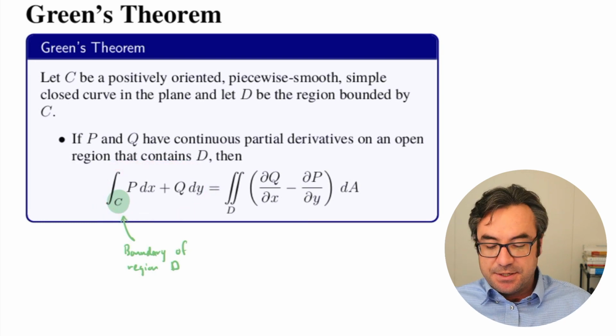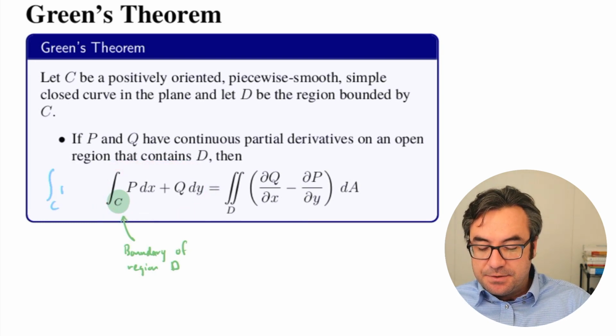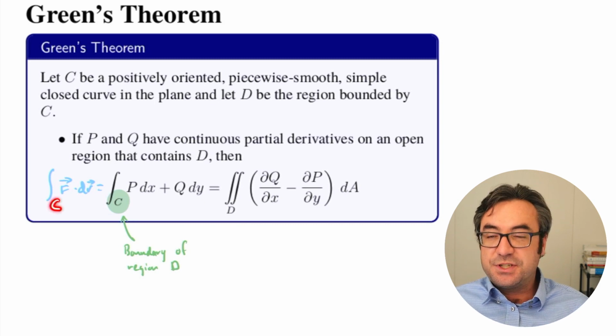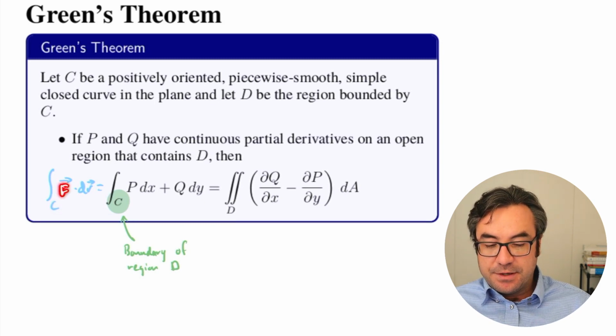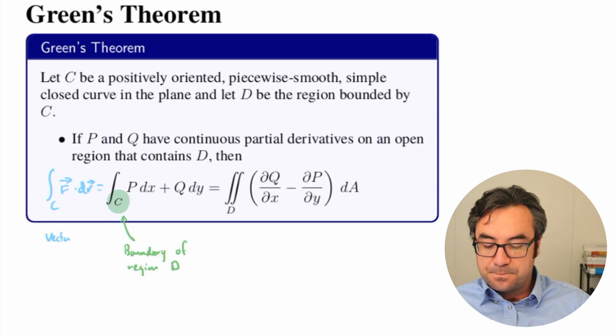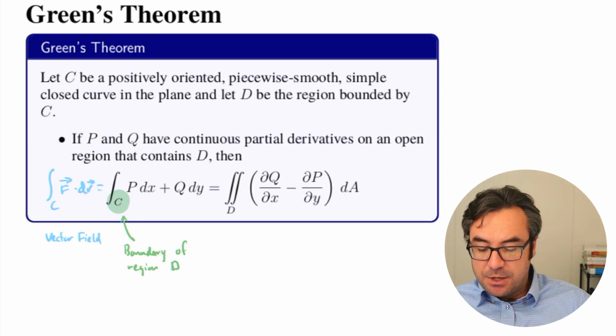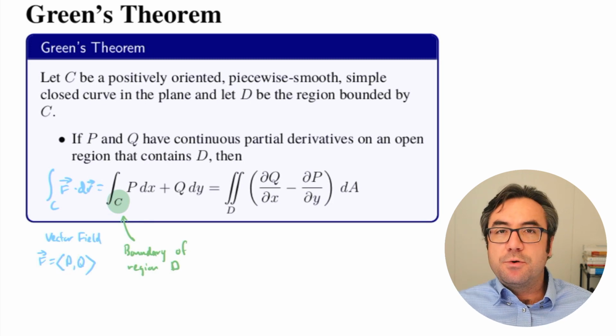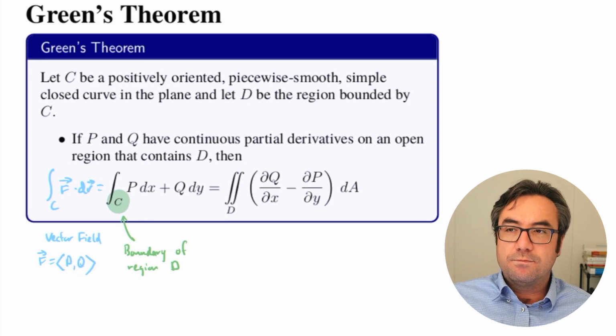This is just another way to calculate the line integral for a vector field around curve C. So vector field F, in this case we're dealing in 2 dimensions, has components P and Q. We're just calling them P and Q. P is the first component and Q is our second component.